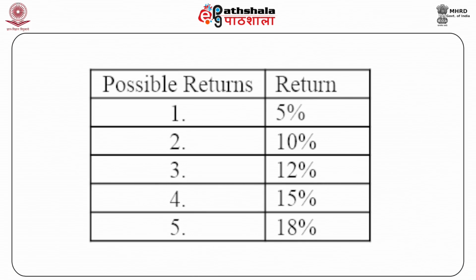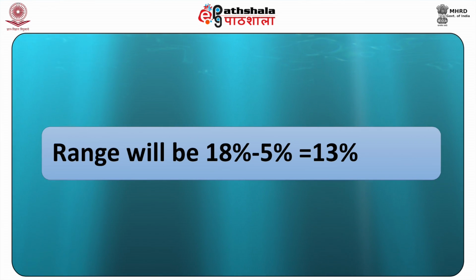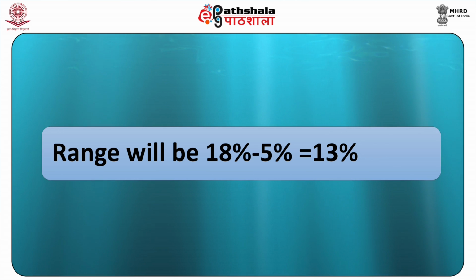Mr. X wants to assess the risk in making the investment. The returns may be 5%, 10%, 12%, 15% or 18%. The range will be 18% minus 5%, which is equal to 13%. That is the difference between the largest and the smallest return.